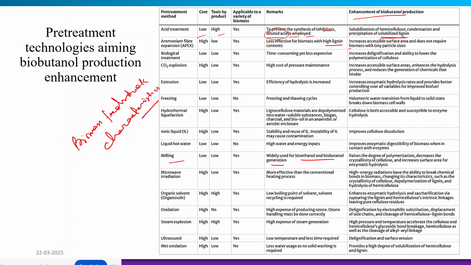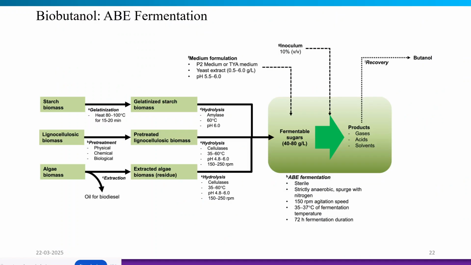The most significant step is the ABE fermentation process for producing the biobutanol, whereas we do microbial fermentation for bioethanol production. That is the main difference.